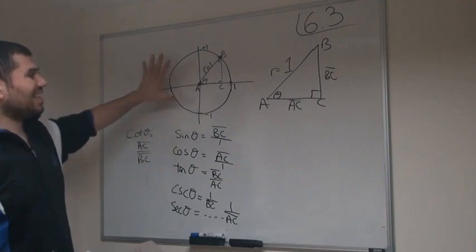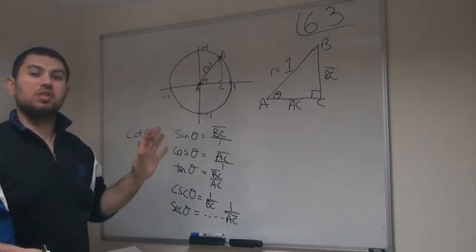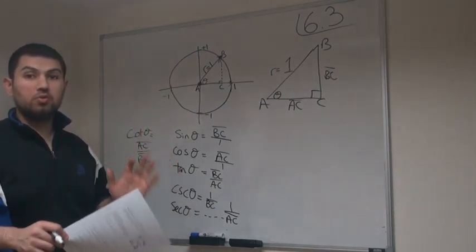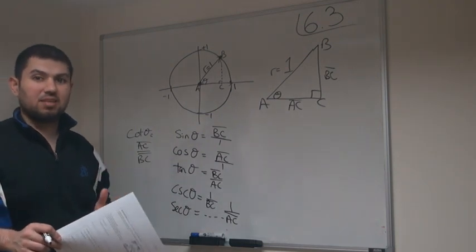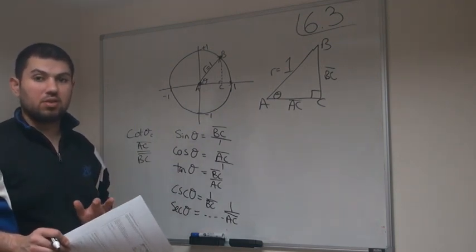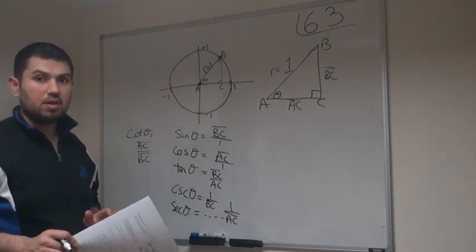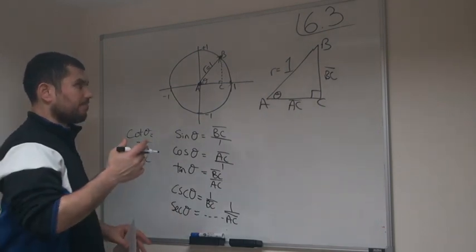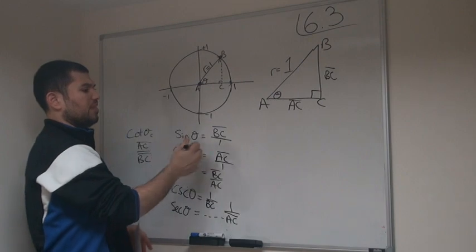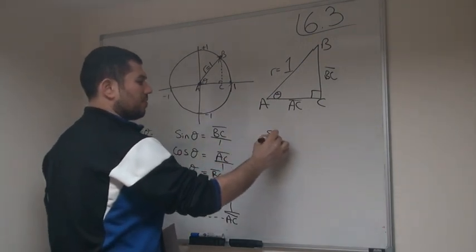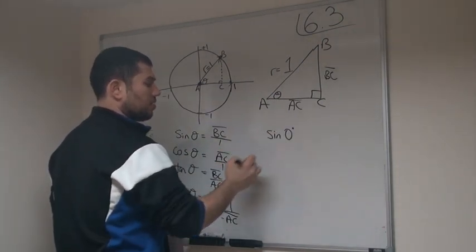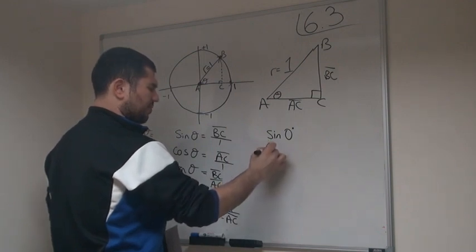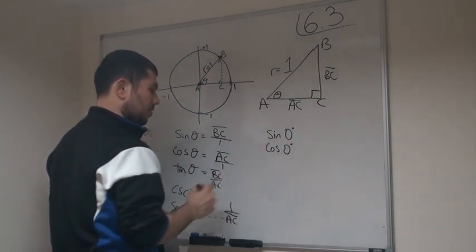So I think this unit circle and the definitions that we have on the other slide are useful in certain cases. Let me tell you what those cases are. Okay? So what's one case? Let's say I'm asking you to find the sine of 0 degrees, or the cosine of 0 degrees.